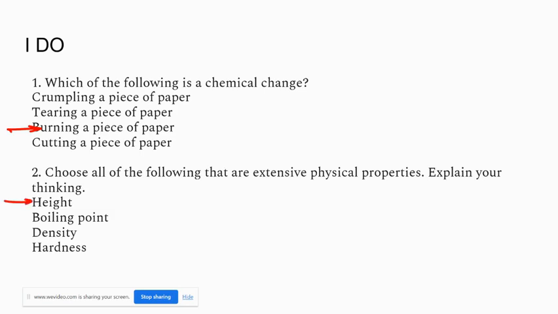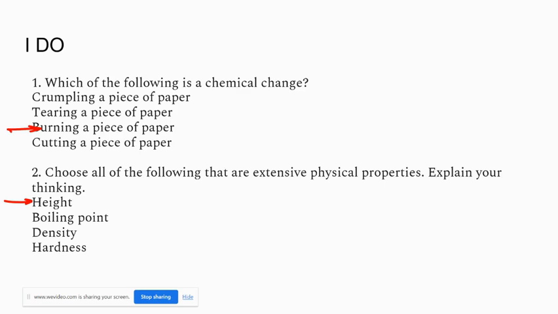If I have a cup of water or a gallon of water, what is its boiling point? What's the boiling point of water? Zero Celsius is where it freezes. Where is it going to boil? 100.